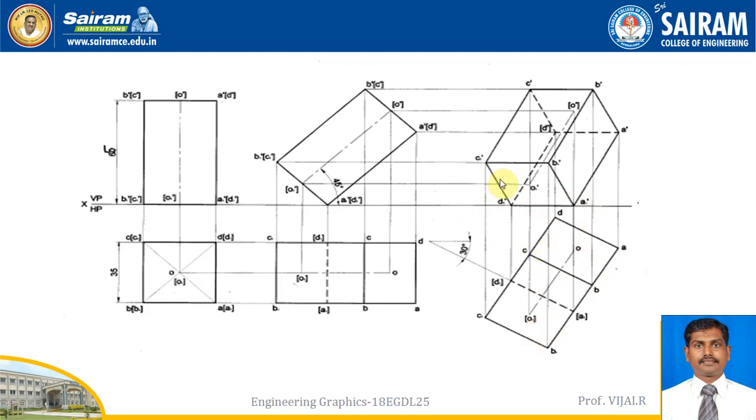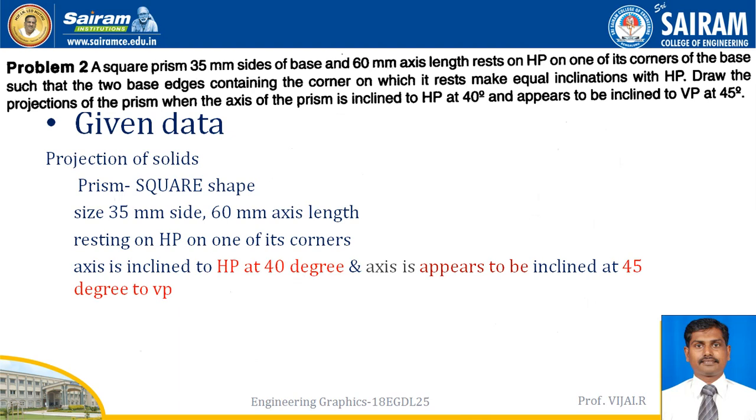So this base is the visible base, and this base is the hidden base. So the visible base, fully draw with thick lines. Okay, dark thick lines, and for the invisible base, only the outer is visible, these are all hidden. So with the hidden lines, we can make hidden only, other visible edges join with visible faces. Okay, I think you can easily understand that while drawing all the things, right?